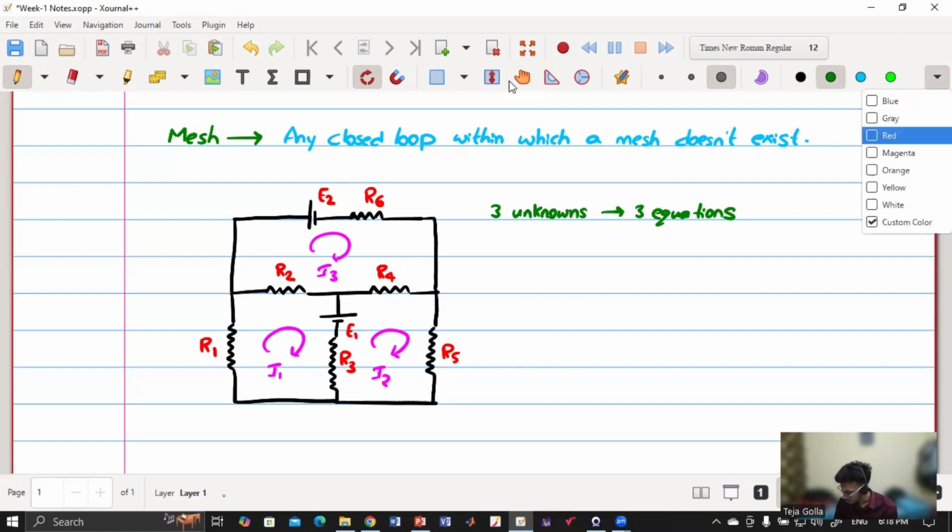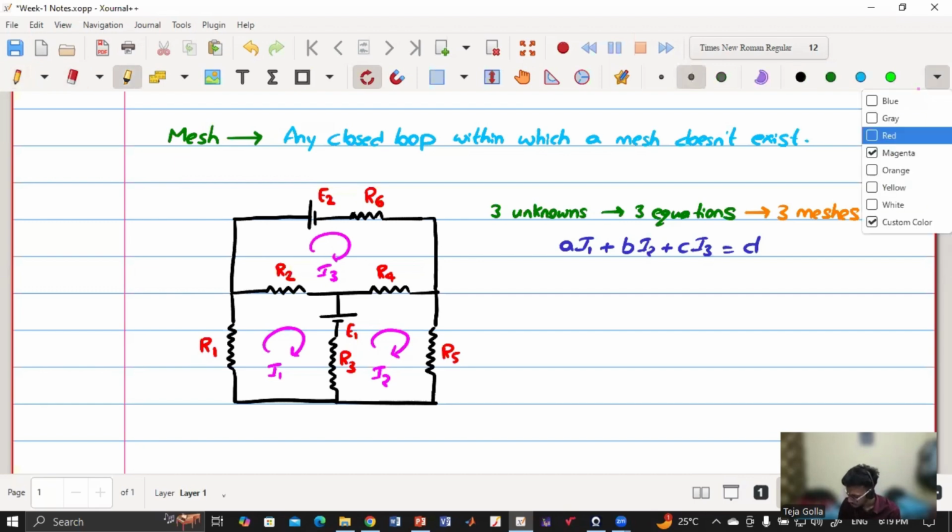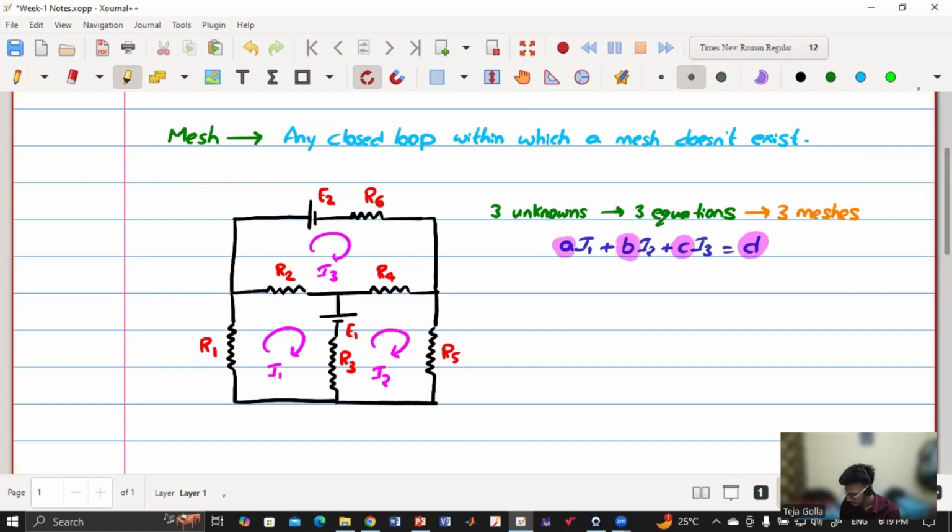And how are we going to get these three equations? Because there are three meshes, one equation from each mesh. Each equation will be in terms of I1, I2 and I3, so every equation will be in the form A I1 plus B I2 plus C I3 equals D. So how are we going to get A, B, C, D?